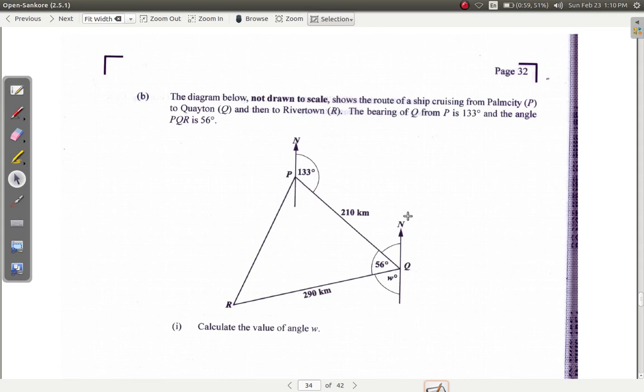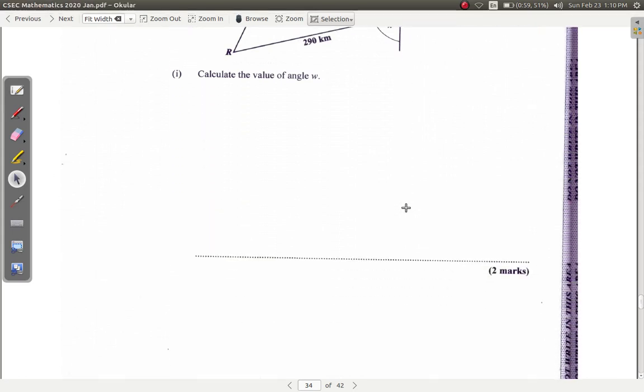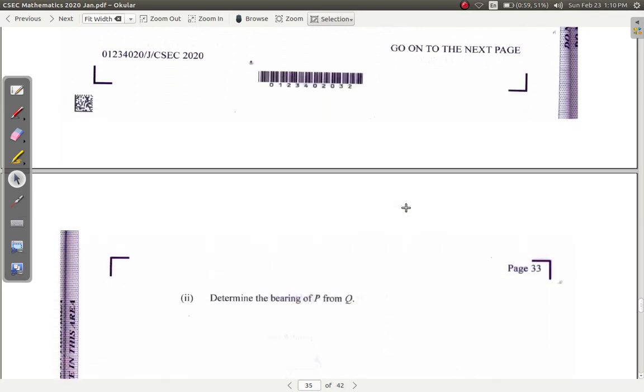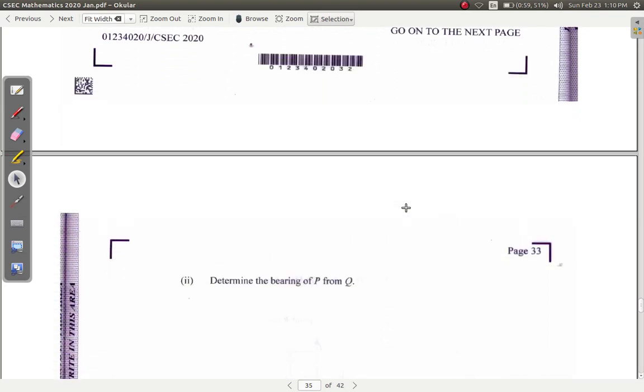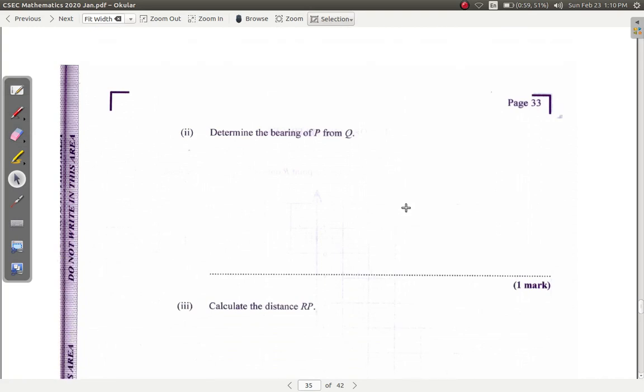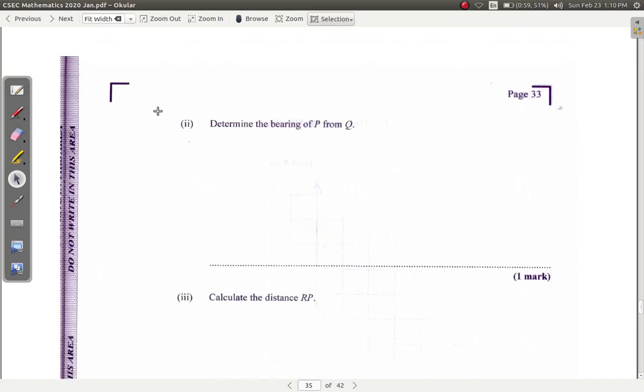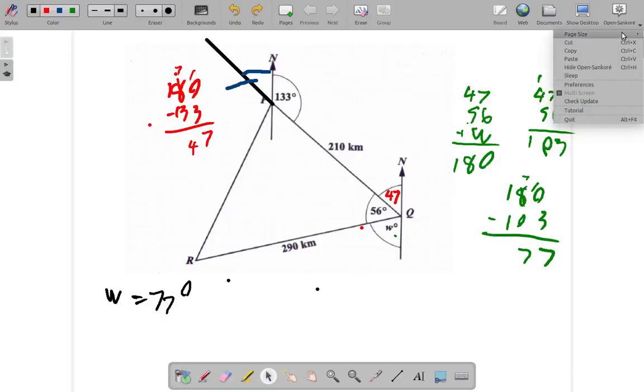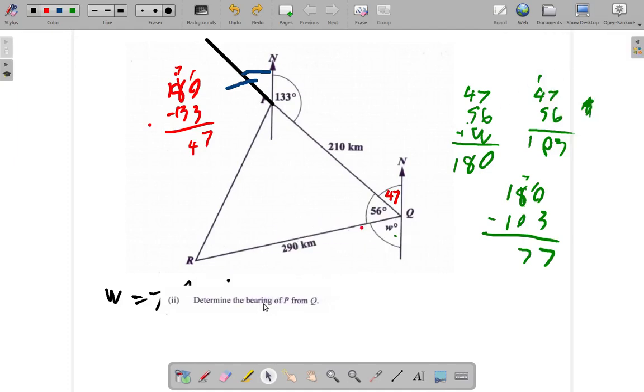Alright, let's see what else is going on. The angle W. Determine the bearing of P from Q. Let me copy this and put it over here so that I don't forget what they're asking for.